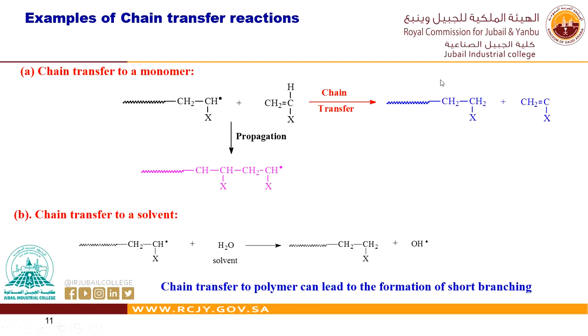So as I mentioned earlier, we have several examples, but for the sake of time, we are going to limit ourselves to 2 examples: chain transfer to monomer and chain transfer to solvent. And generally, chain transfer to polymer can lead to formation of what? Short branching. When transfer to a polymer occurs, it can lead to creating a short branch at the backbone of the polymer.